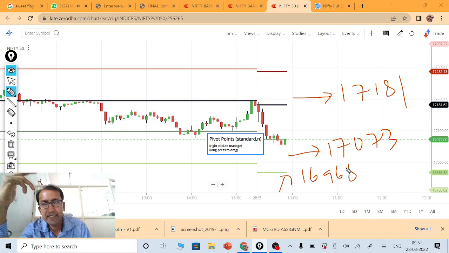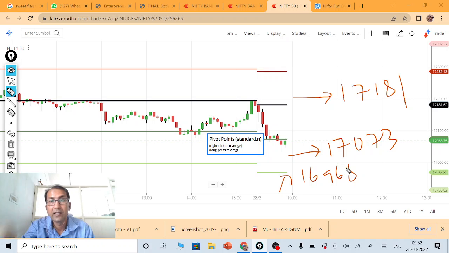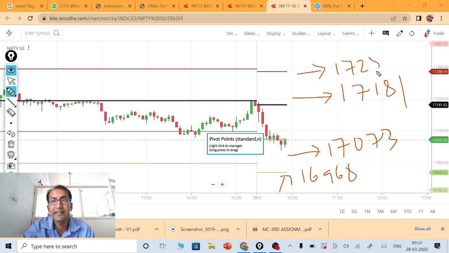So if it trades higher, there is a chance that it can touch 17,181, but the chances are less. If it crosses above 17,181, the next resistance is 17,286.